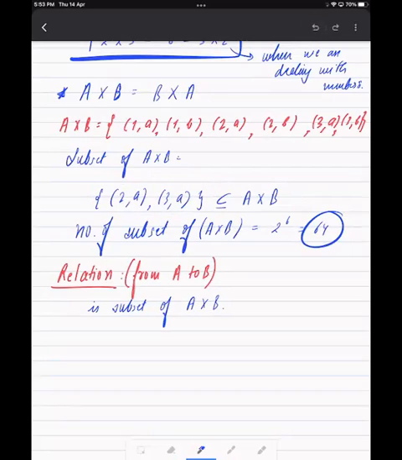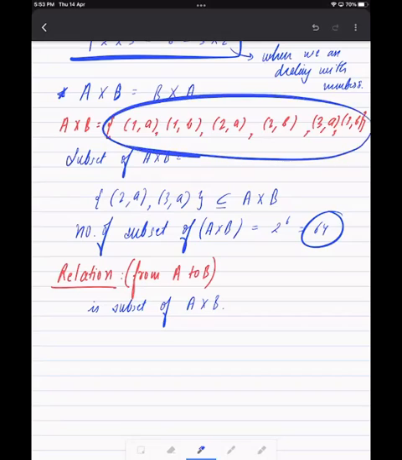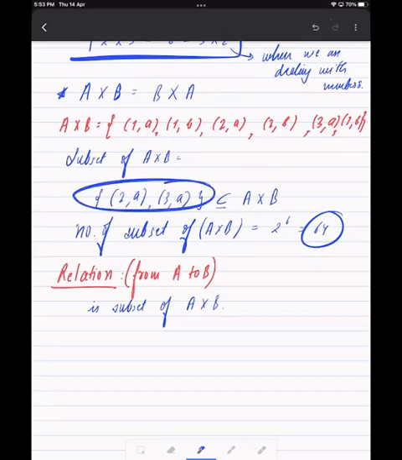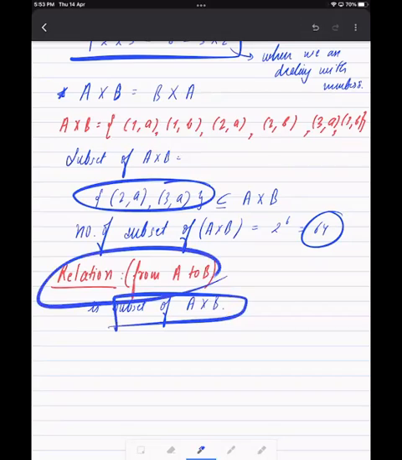Relation. That means if I'm asking every student to make a subset, like, I have again 64 students and I'm giving the job to every student that you have to choose a number of elements, whatever you want. Okay. That is equivalent to saying you make a relation from A to B. So what they have in their hand is actually a subset of A cross B, which is also a relation from A to B. So they are the same.